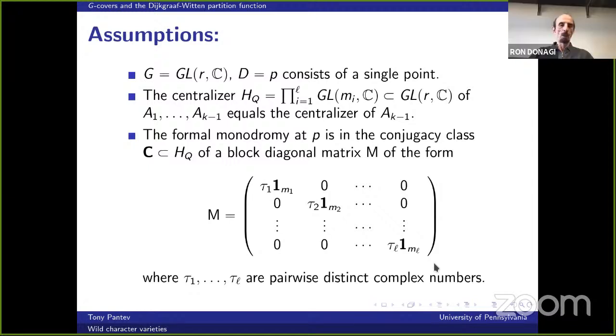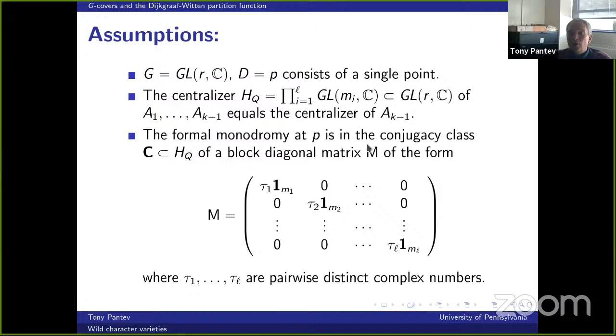The centralizer, so this is the Levi group L that I was talking about before, is going to be given by a partition of R. So it's going to be a product of diagonal blocks of size m_i. And I'm going to assume that it's just the centralizer of the last coefficient of the pole.